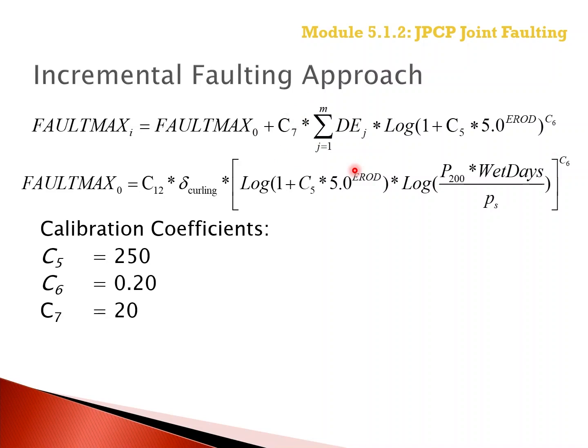The values for the calibration coefficients may vary between different publications of the MEPDG Manual of Practice, depending on the results from any recent global calibration. The coefficients and exponents of the transfer function are also included in the output report for the Pavement ME Design software.